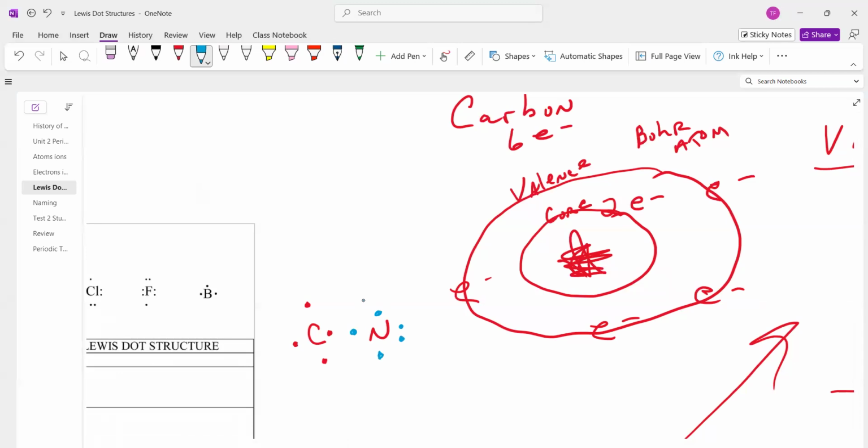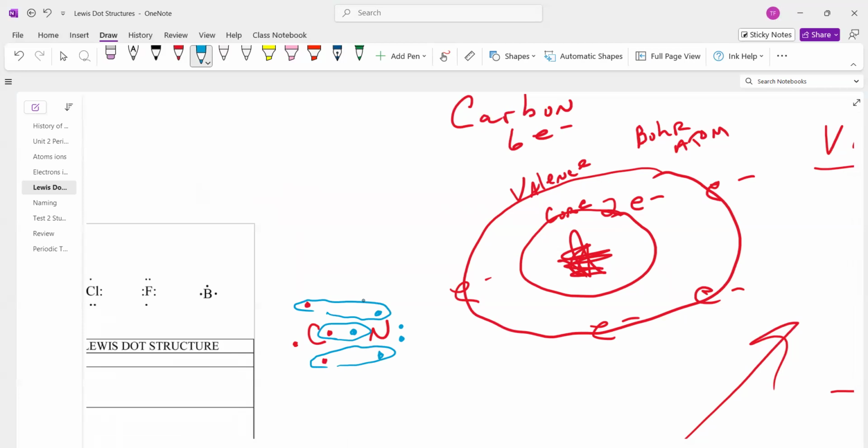Now, nitrogen wants to make three bonds because it's got three singletons. So when carbon gets close to nitrogen, these start hooking up. So we have bond, bond, bond.